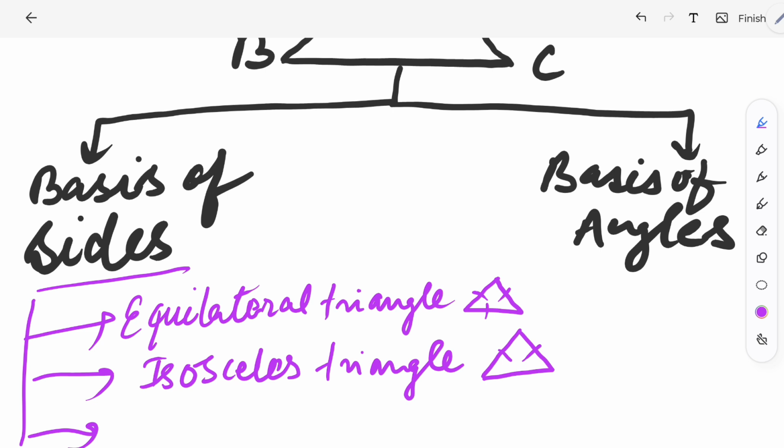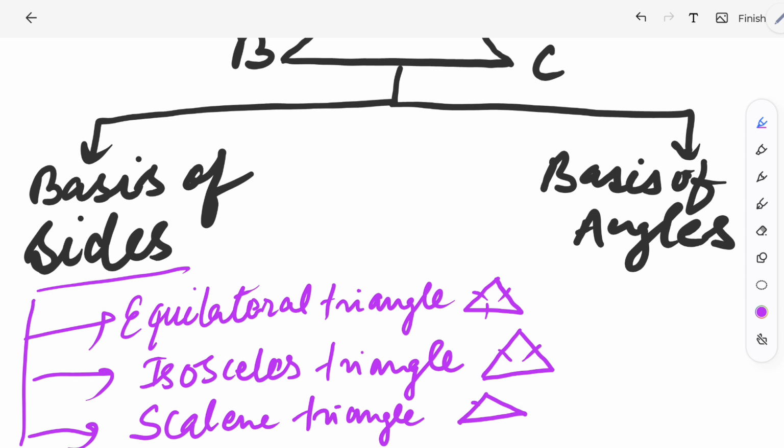And the last one is the scalene triangle, in which all sides are different from each other. So this is the categorization of the triangle on the basis of its sides.